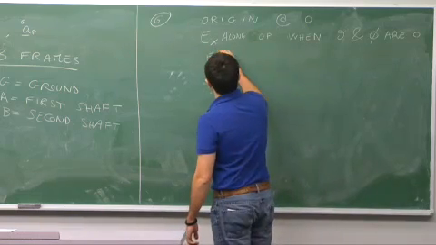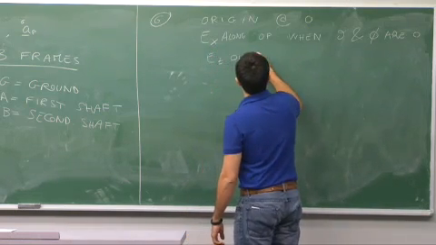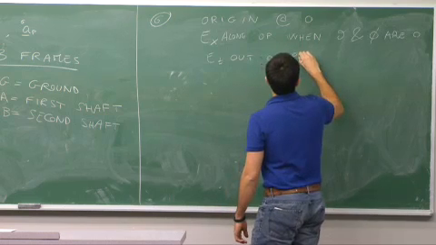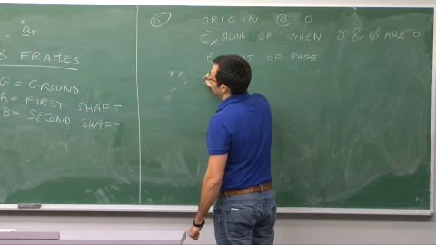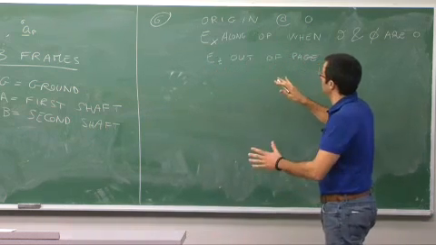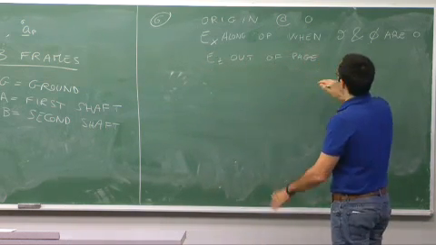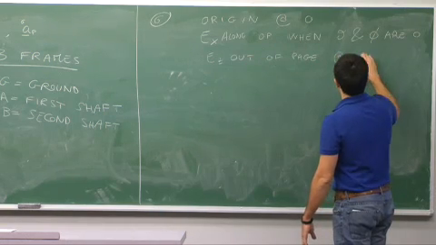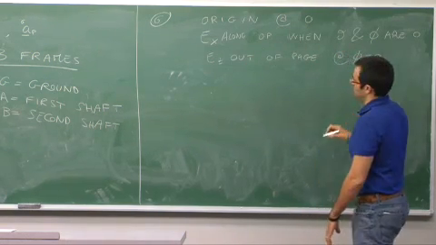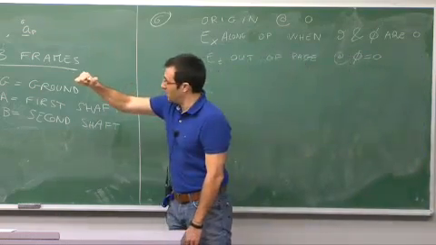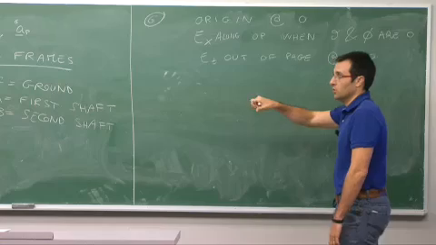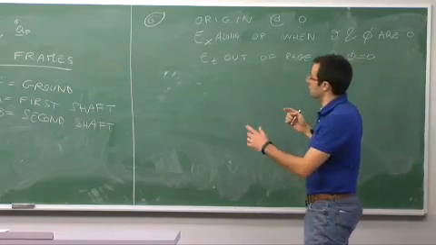Then probably you want to do EZ out of page or out of board. Just to be completely thorough here, you can say again that phi is 0. So that is coming out and it's not changing anymore as the two objects rotate.